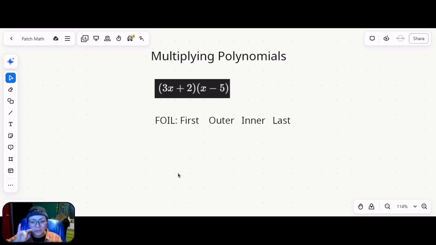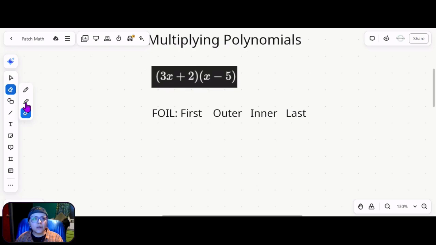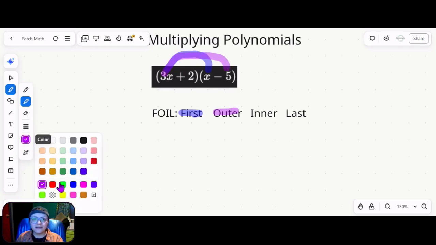And so when we are multiplying a binomial times a binomial, we actually use an acronym for this pattern called FOIL. That stands for first, outer, inner, last. Or more simply put, first term times the first term. The outer terms in the parentheses multiplied together.